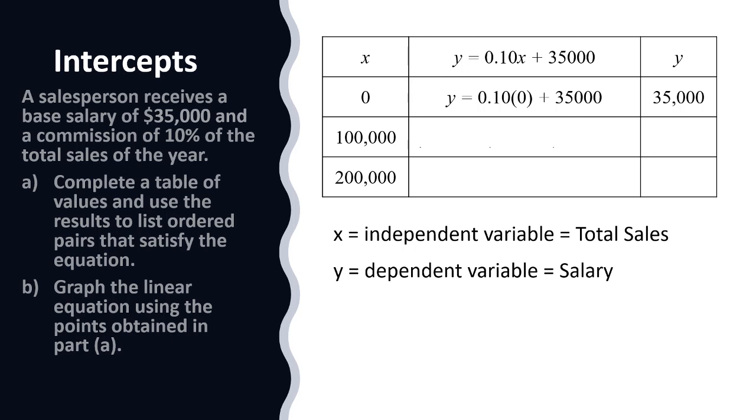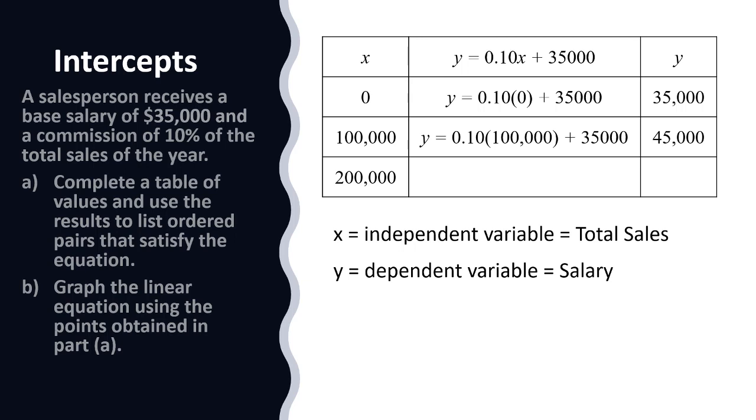Now, if they sell $100,000, again, this is the independent variable. This was already given to us. We would take the 100,000, plug it in for x. So we're taking 10% of $100,000, which is $10,000, and then add it to our base. And we get a total salary of $45,000.